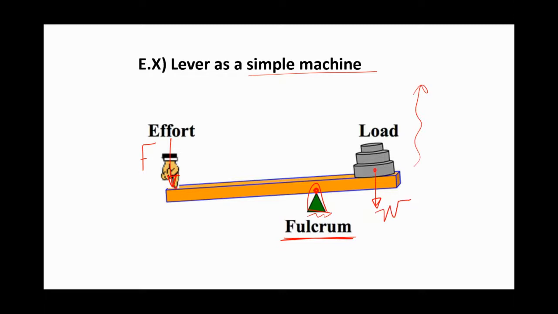The relation is that the moment of the first one equals the moment of the second one. Moment means عزم. Torque. In physics we call it torque. In engineering we call it moment. That's right. Okay. In physics they call it torque.